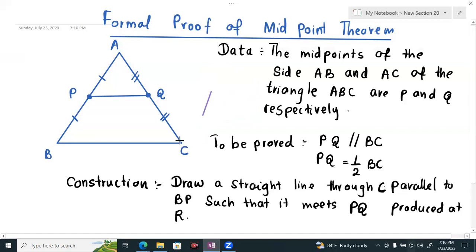Then it should pass through like this. A parallel straight line to BP, such that it meets PQ produced at R.